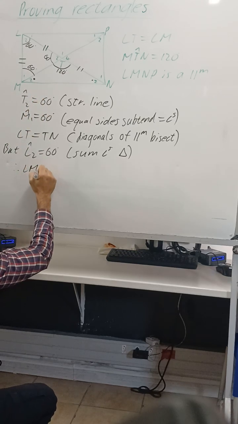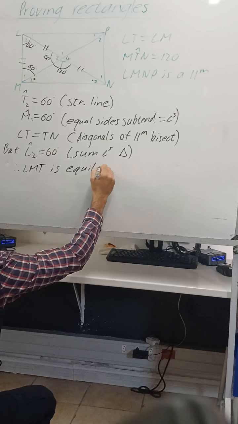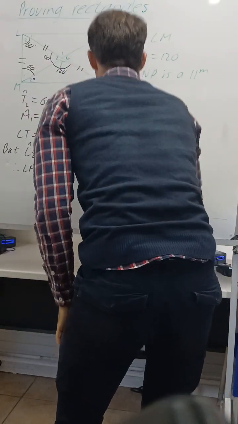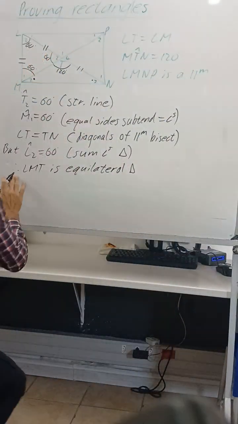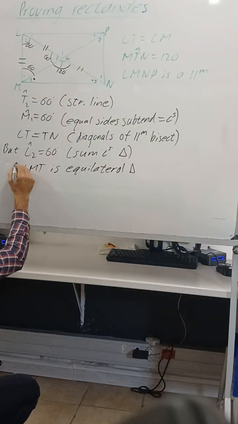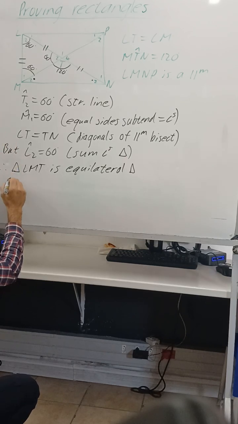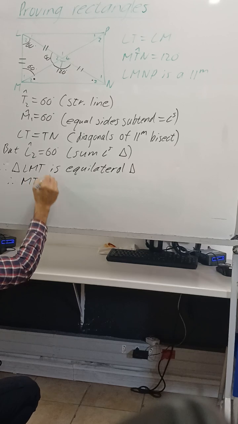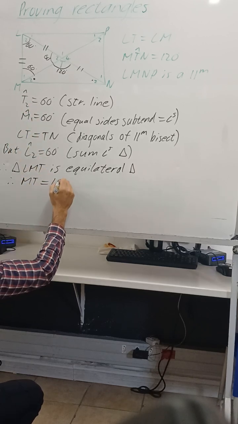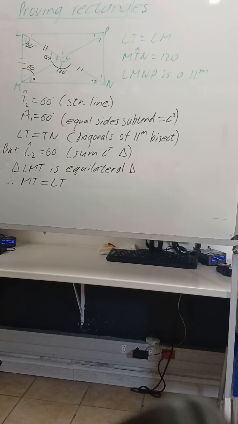LMT is an equilateral triangle. This one here, LMT. Triangle LMT is an equilateral triangle. Therefore, MT is equal to LT, which is equal to LM.